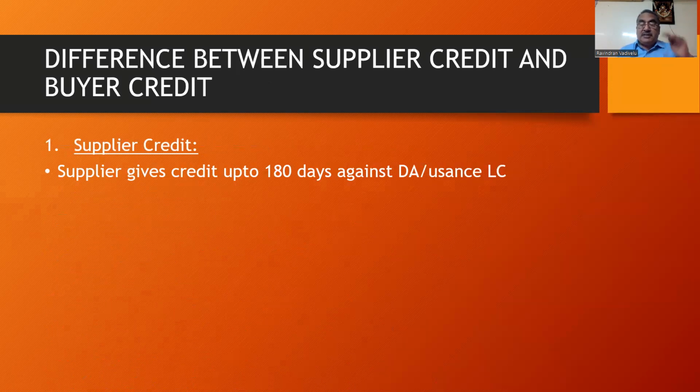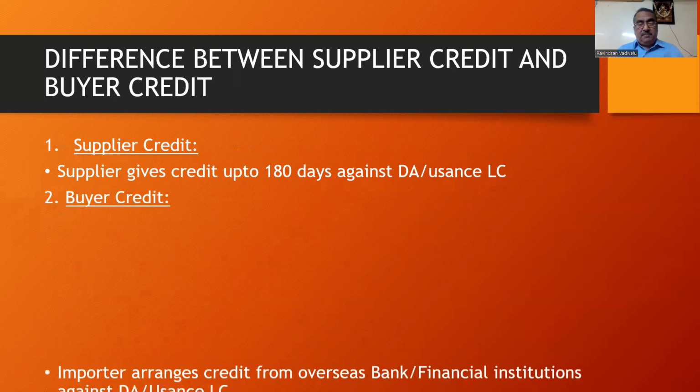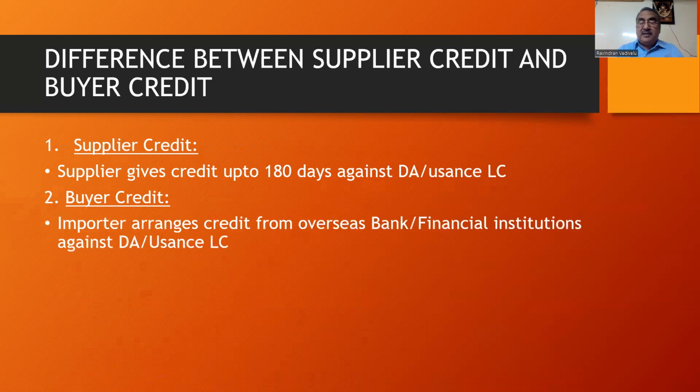The supplier gives credit up to 180 days against acceptance or usance LC. So the importer can avail the supplier credit. The supplier credit is given by the supplier directly to the importer against documents against acceptance and usance bill.